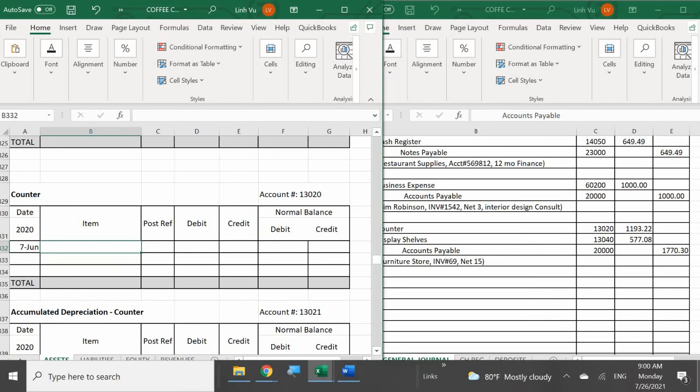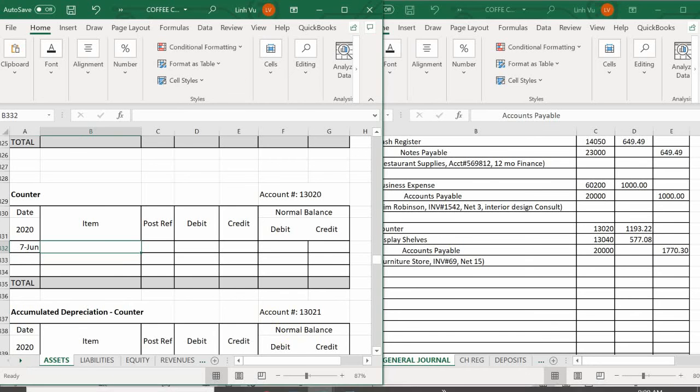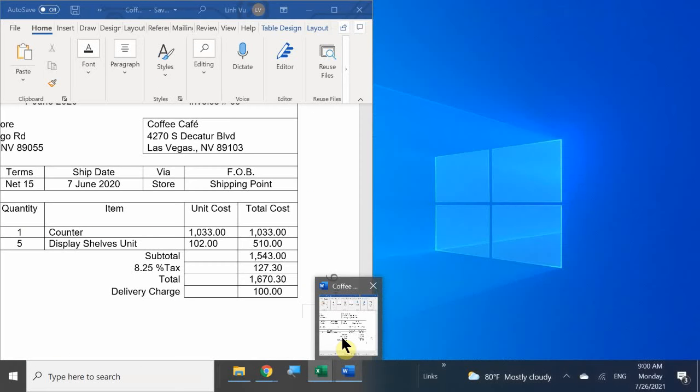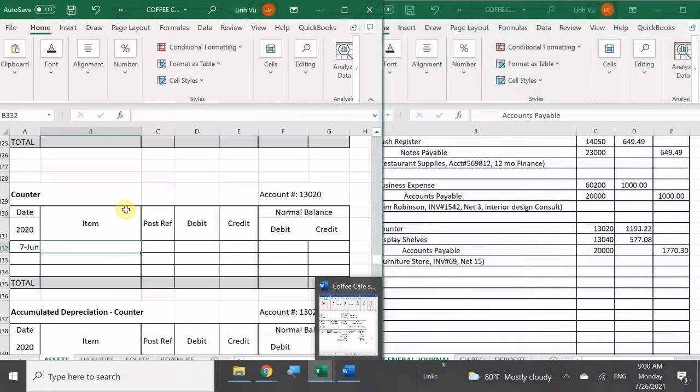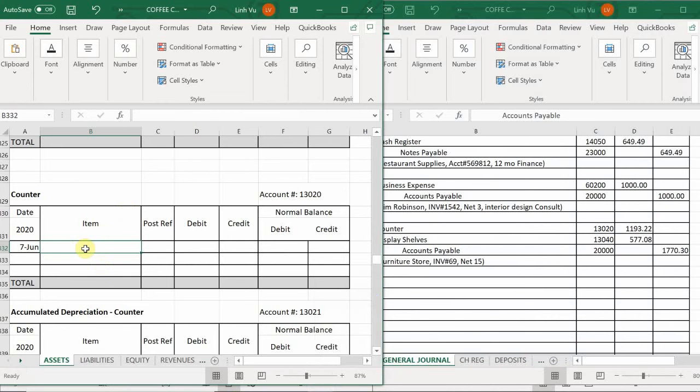In this case, I could say that the counter was originally $10.95 plus 8.25% tax and $75 for shipping.